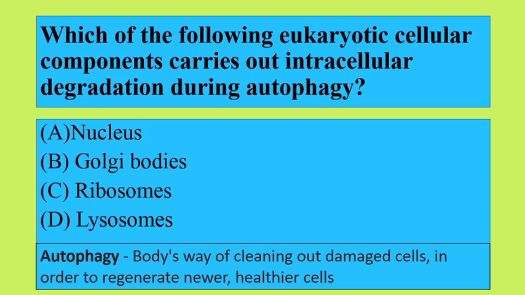All these lytic enzymes are found in the lysosomes. So the lysosome is the only cellular component in eukaryotes which carries out intracellular degradation during autophagy. So option D is the correct answer.